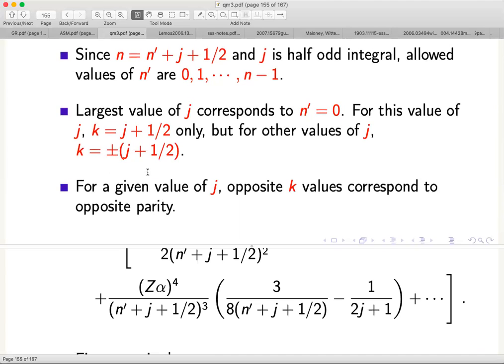Now, there's another thing that we had already observed, that k takes values which are plus or minus j plus half, and if you fix the j value, then opposite k values would have opposite parity. It is related to the same fact that if you write it in terms of L, then you can show that if the plus sign corresponds to an even parity state, the minus sign would correspond to an odd parity state.